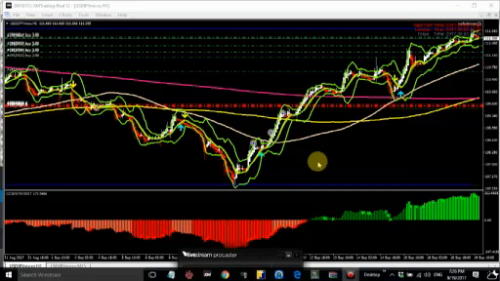This is the first thing you want to bear in mind: when you are using moving average, there is every tendency that you're going to miss your entry. But the advantage of moving average is that even if you miss your entry, you have a lot of entry points on that moving average.